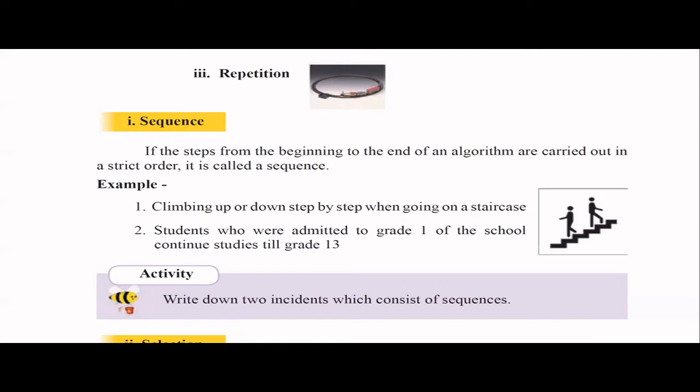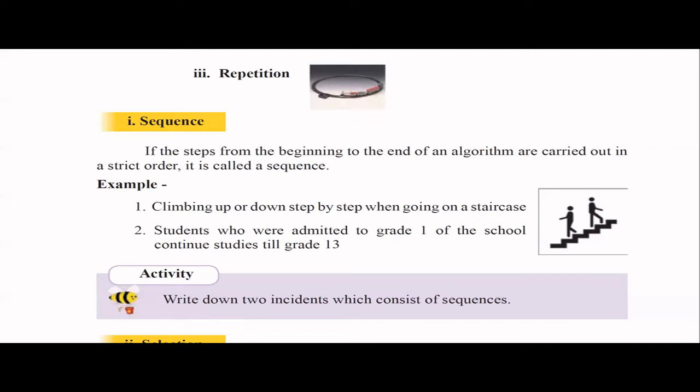Another example I can think of is making tea. You already know the steps, right? You have to boil the water, you have to take the tea leaves, then you have to pour the boiled water onto the tea leaves, and then you have to mix milk and sugar into that tea, right? Then you have to serve. So these steps you cannot mix. Boiling water cannot be done at the end of the process.